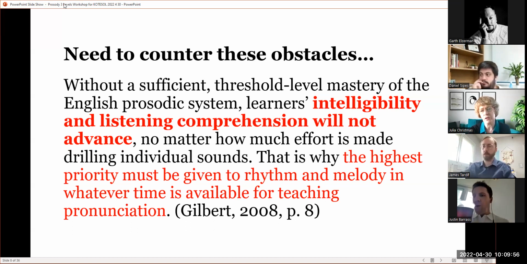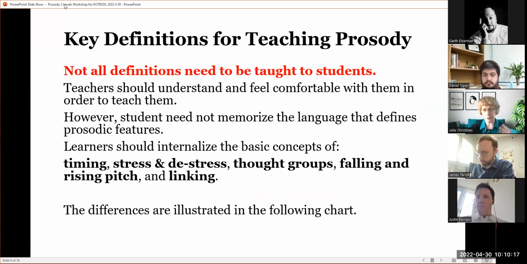And they have presentations in a lot of other classes. We have EMI and CLIL classes at my university. People really struggle to understand what their students are saying. And so I try to do the basics of teaching prosody in all of my classes that have any focus on speaking. So let's get some definitions for us and then for our learners.